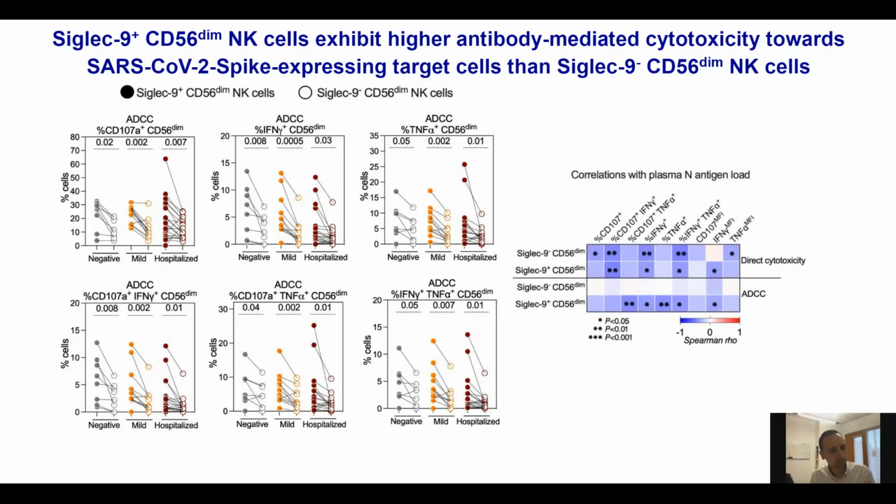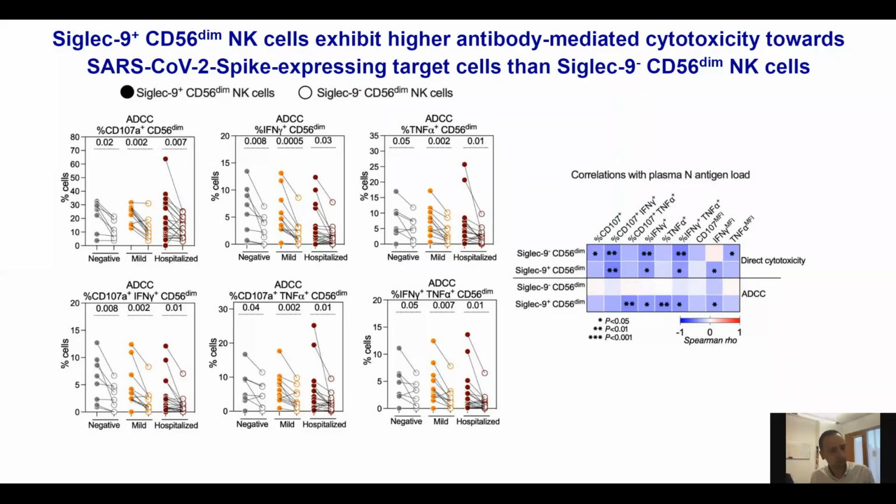When we then correlate the ability of the Siglecs positive or Siglecs negative cells to elicit either direct cytotoxicity or ADCC with the level of virus antigen in the body, we found that the ability of Siglecs negative and Siglecs positive cells to elicit direct cytotoxicity does correlate negatively with the N antigen, but without difference between the Siglecs negative and Siglecs positive.